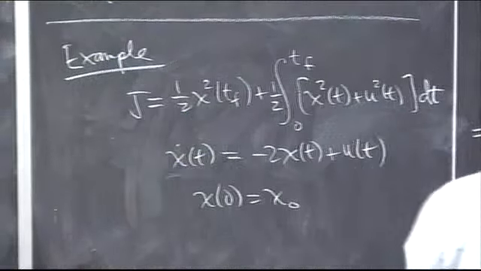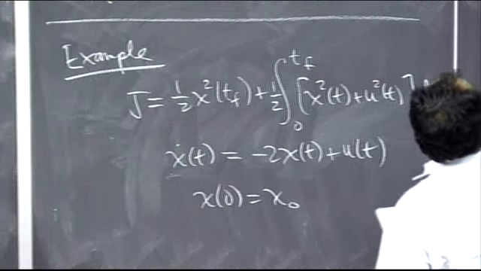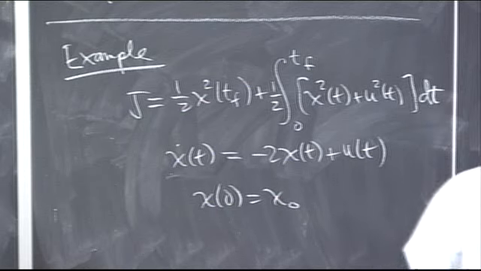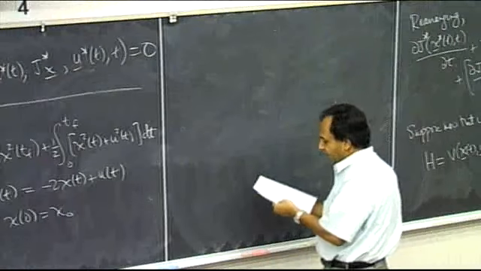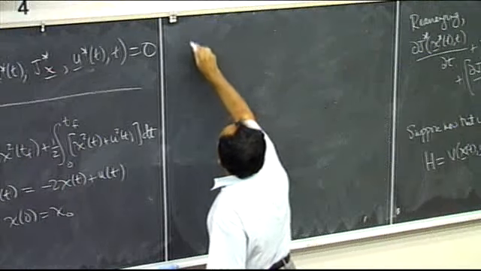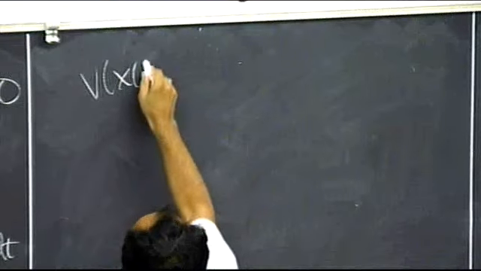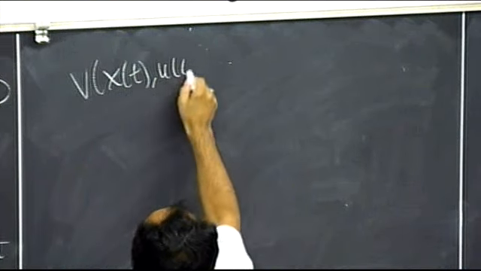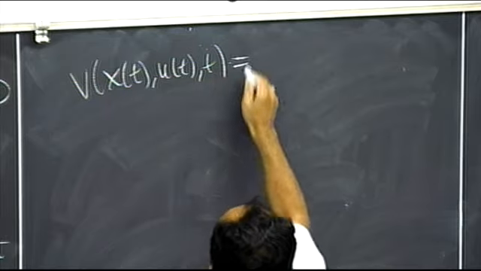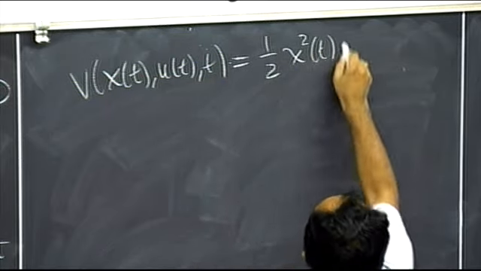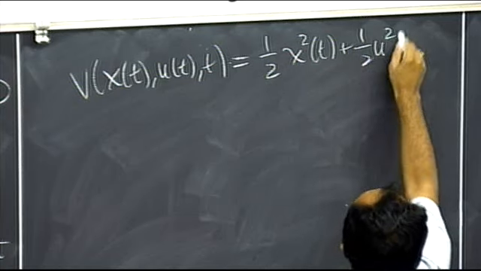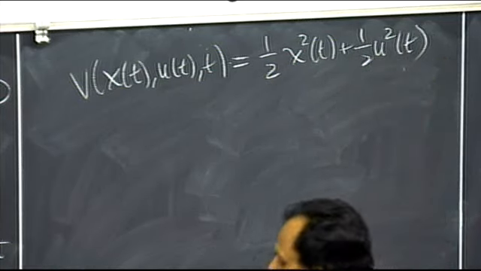Let's do this, or at least we'll start doing this, with the Hamilton-Jacobi-Bellman equation. So let's identify all the terms in the equation first. I've got v of x of t and u of t is equal to 1/2 x squared of t plus 1/2 u squared of t. That's what's inside the integral.